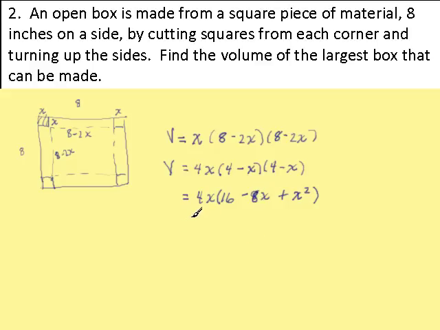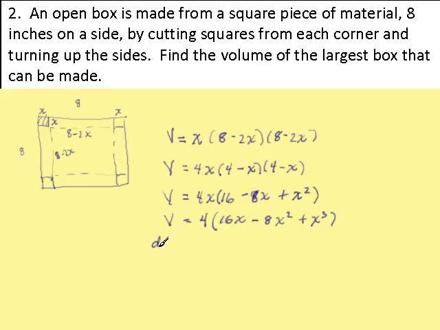I multiply through by x just to make it a little easier to take the derivative, so that we can use the power rule rather than the product rule. So we have 16x minus 8x squared plus x cubed.